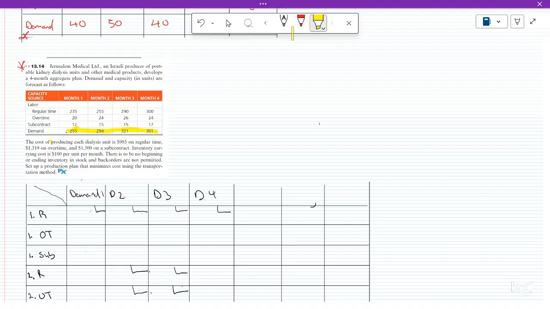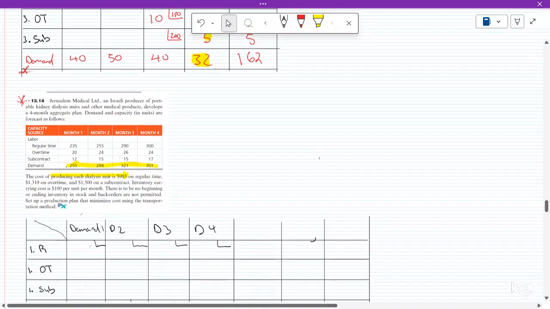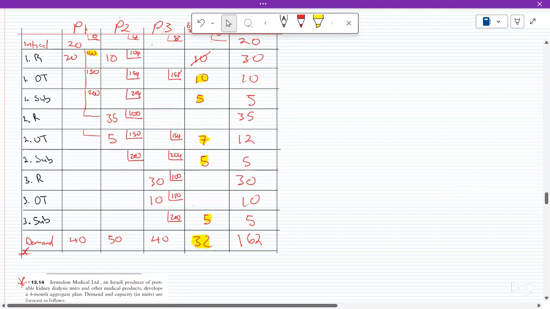Production cost, I think it's equivalent to the regular. Yeah, this is production cost on regular time, and then this one is overtime 1,300, and then this one is 1,500 on subcontracting. However, there's something important I forgot, guys.